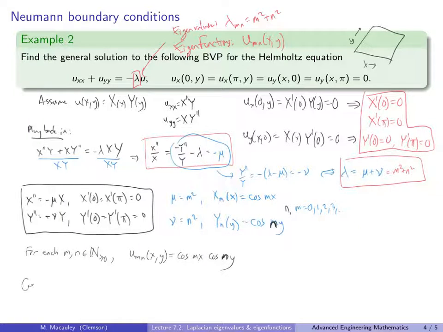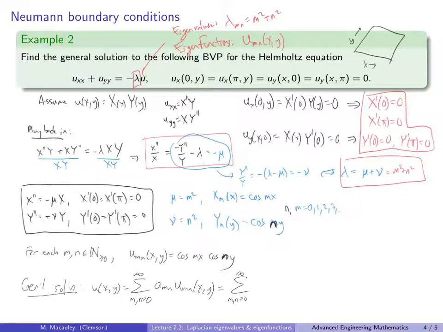So our general solution is u of x, y. So this is the doubly infinite sum. I'm just going to write it as m and n going from 0 to infinity of amn umn of x, y.